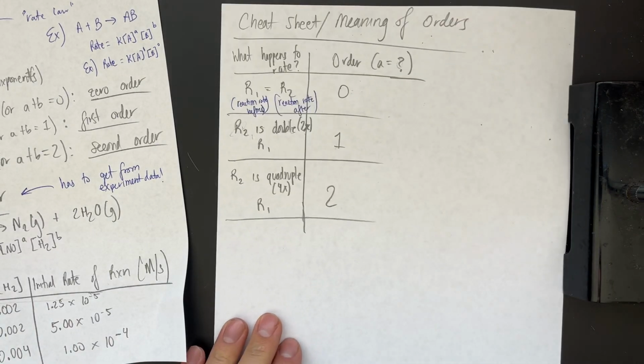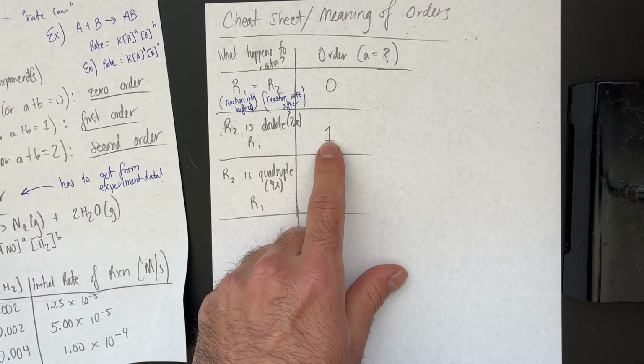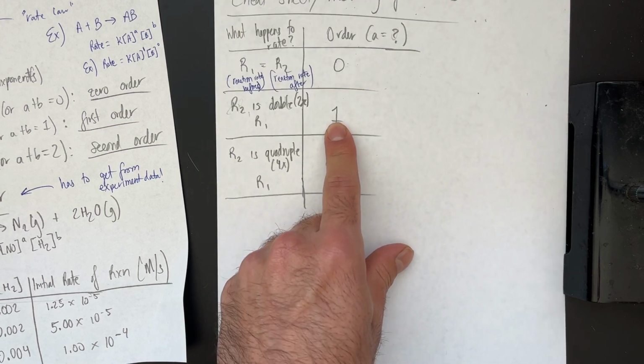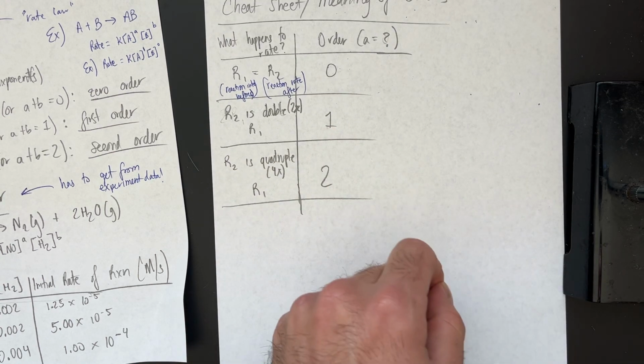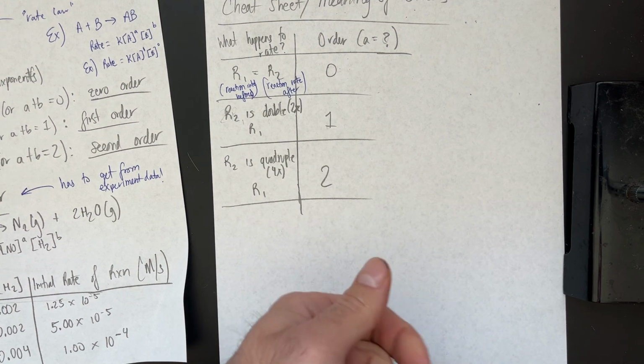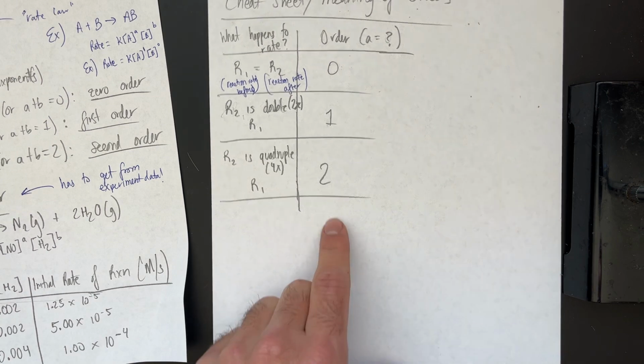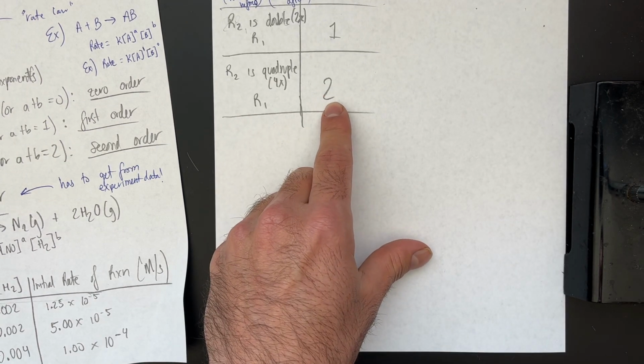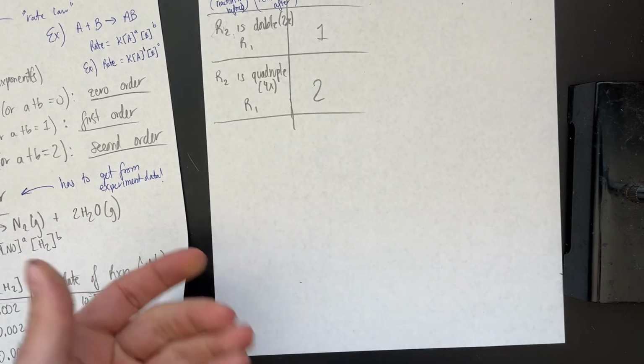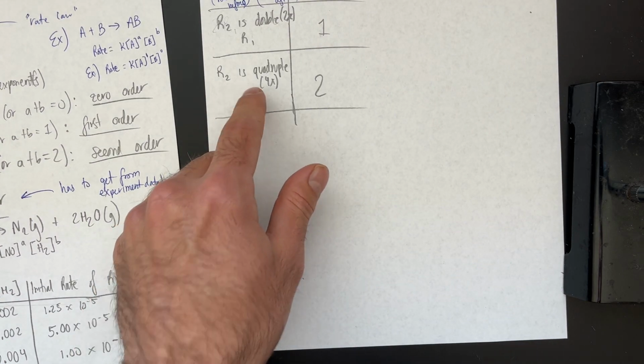That's what it means to have a 0 order reaction. Whereas if you have a first order reaction, that means that if you double the concentration of your reactants, you're going to have double the reaction rate. And then lastly, if you have a second order reaction, that means that if you double the concentration of your reactants, R2 is going to quadruple.